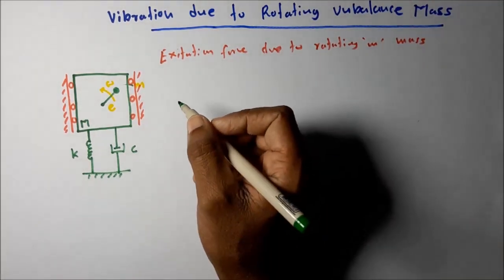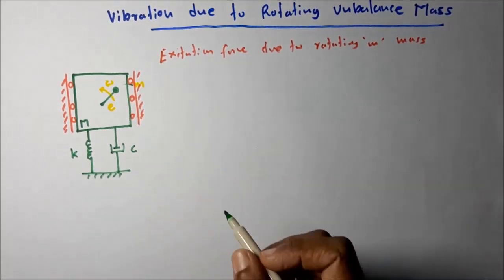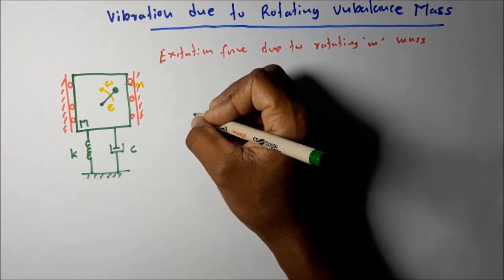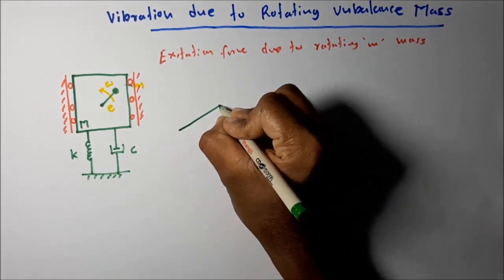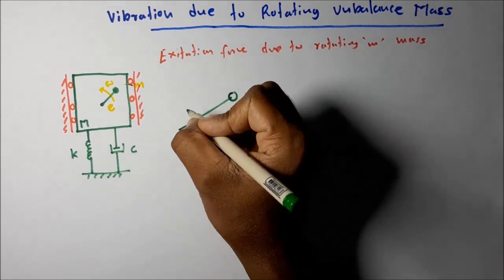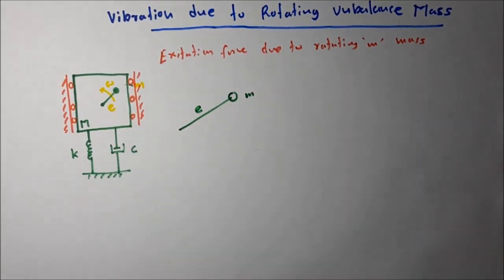Let's take this kind of situation. This is the small m mass, and this is e.